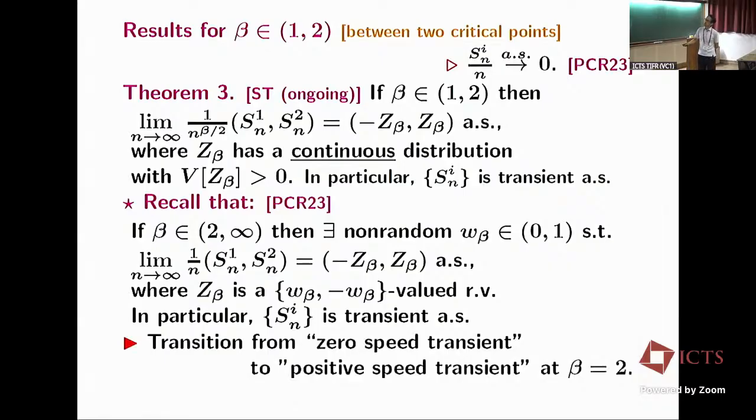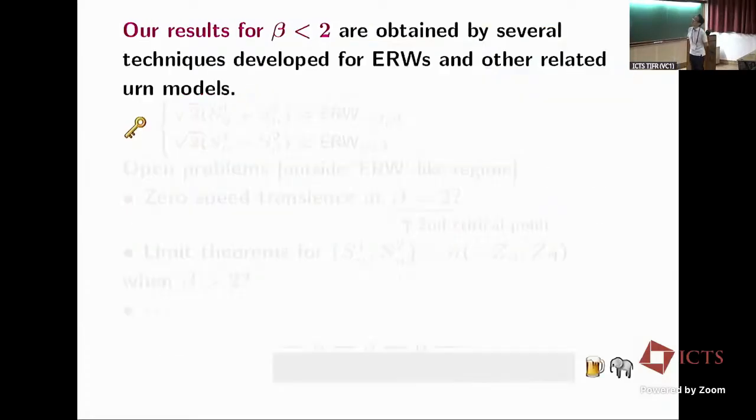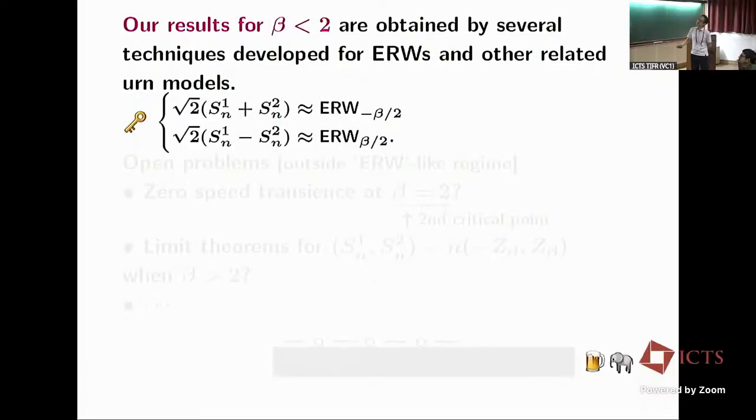Now, almost time is over, but our results for beta less than 2 are obtained by several techniques developed for the elephant random walk and other related models. And actually, the key point is to prove that a different process can be approximated by elephant random walks with suitable parameters.